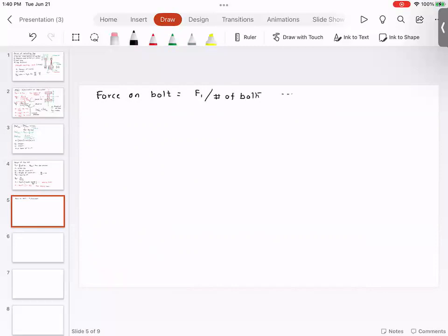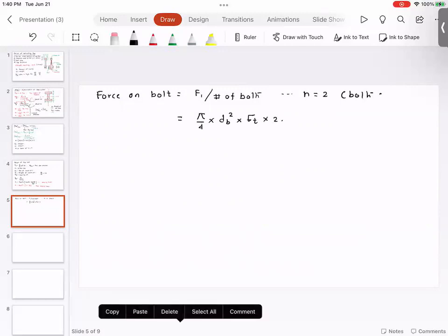So typically, N is equal to 2. So you would have pi by 4 dB square sigma t times 2.